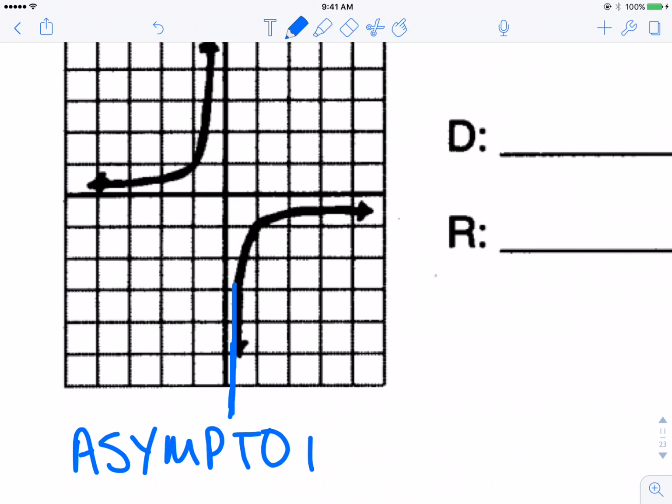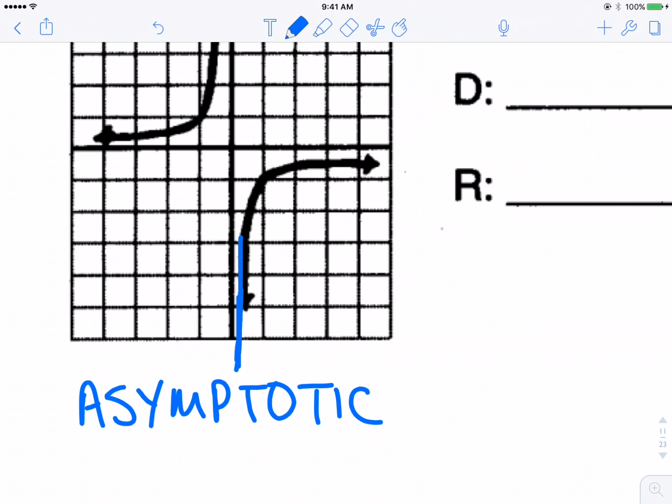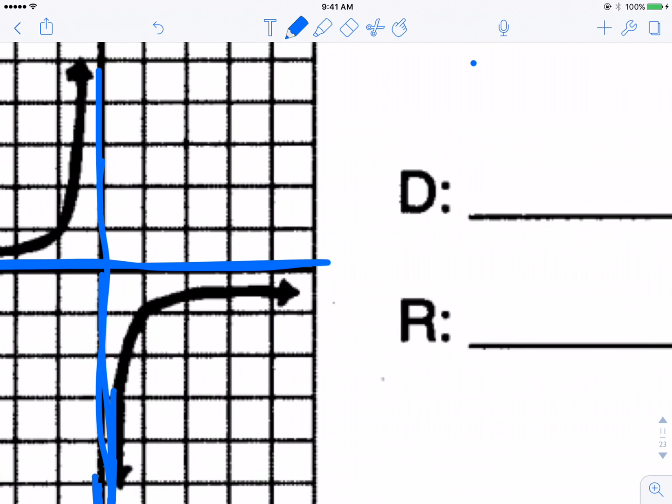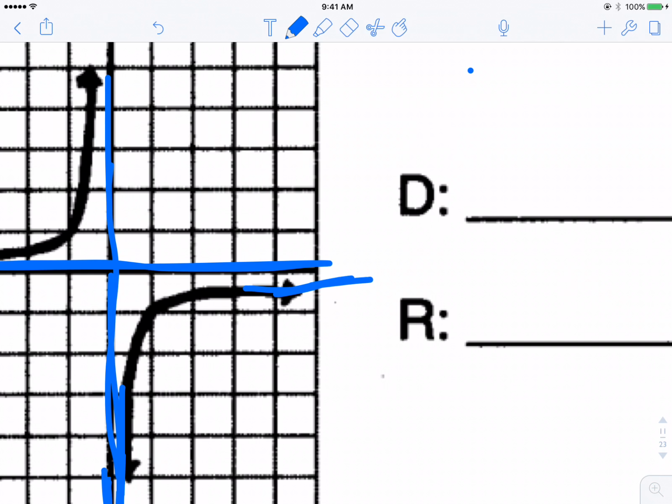They get infinitely close to this line here, but never touching. Never touching. So this line is 0 for x, this line is 0 for y. So these lines will forever get infinitely close to, but never touch that line for as far as you could possibly imagine.